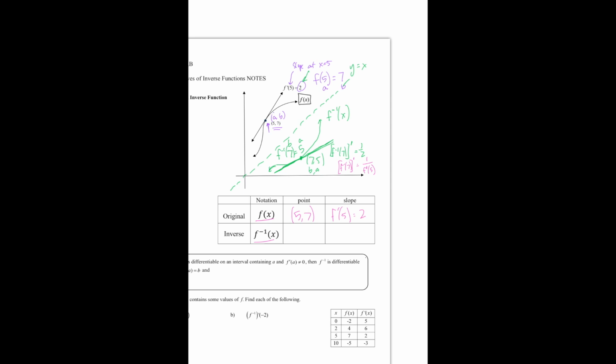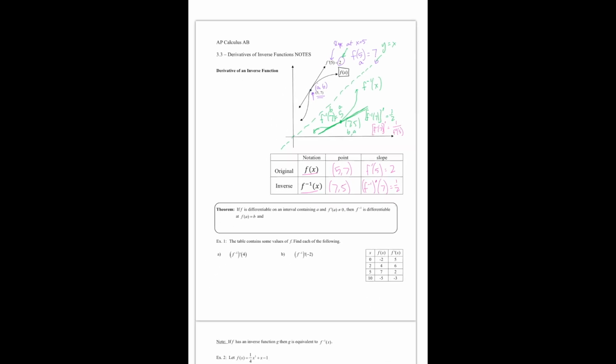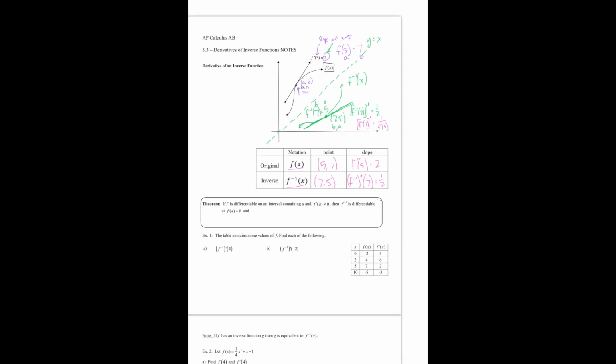But the inverse has a completely different ordered pair. It's reversed. And the inverse derivative, and again, I'm just showing you a different notation here, at 7 is equal to 1/2. Okay, so I'm going to fill in this rounded rectangle. Let's see how this looks.